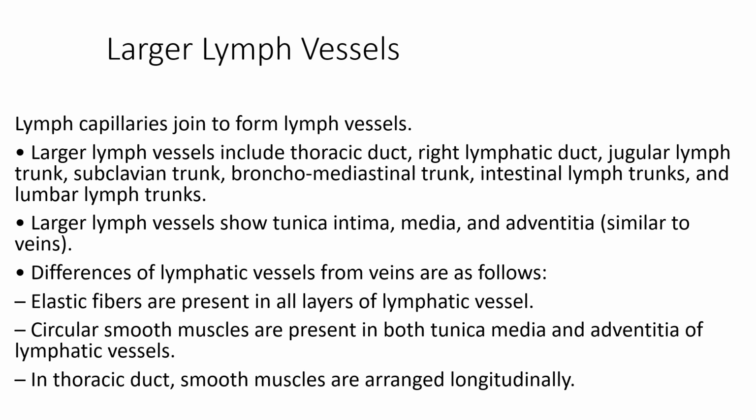The only difference between lymphatic vessels and veins is that elastic fibers are present in all the layers of the lymphatic vessel, and smooth muscles are present in tunica media as well as tunica adventitia. In the larger lymphatic ducts like the thoracic duct, the smooth muscles are arranged longitudinally in the tunica adventitia.